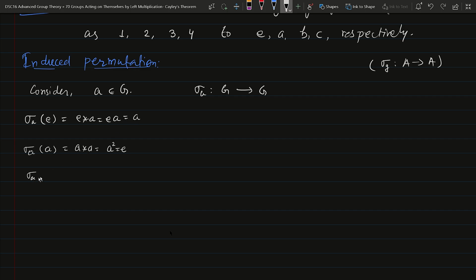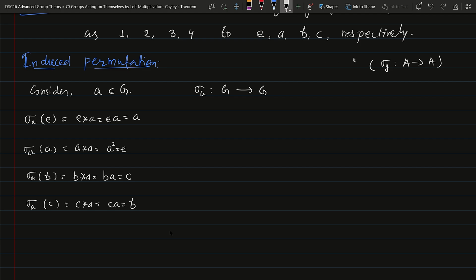Then sigma a on a becomes a star a, that is a square, which is equal to identity, which is e. Then sigma a on b becomes b star a, that is ba, which is equal to c. Then sigma a on c becomes c star a, that is ca, which is equal to b.